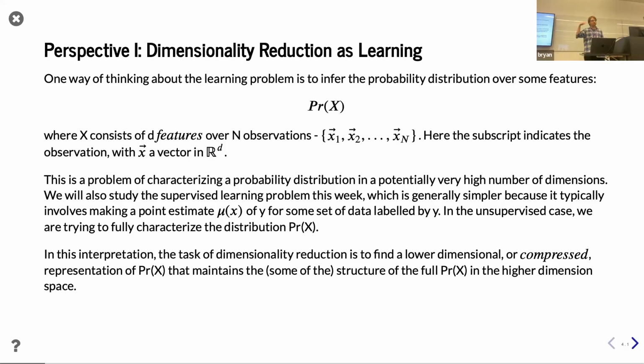So we're very used to building intuition in 3 dimensions. The point of dimensionality reduction is we want to be able to use that intuition when our data lives in 30 dimensions or something like that. And we'll talk about how that manifests in the other perspective, but it's also very difficult to infer a probability distribution, or to estimate a probability distribution, in high dimensions. So dimensionality reduction can help you to infer that probability distribution.